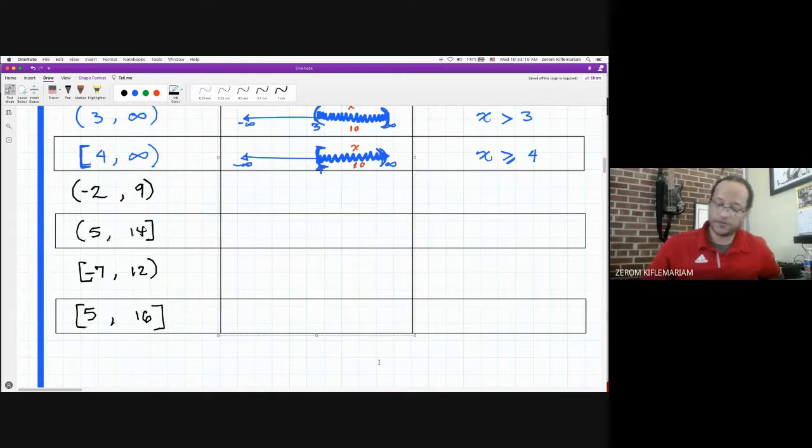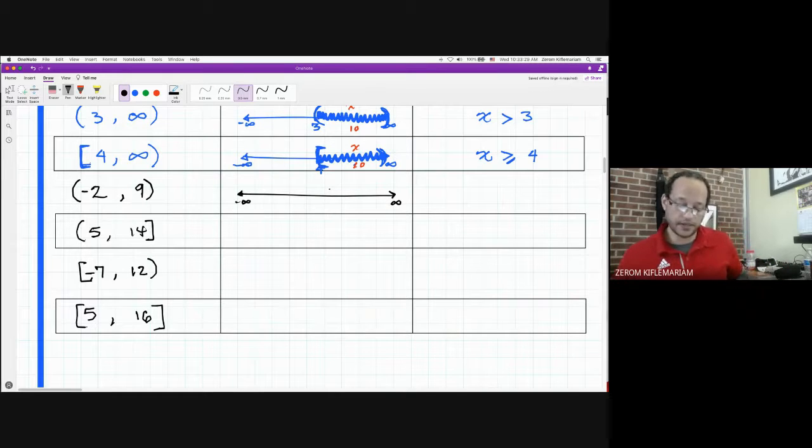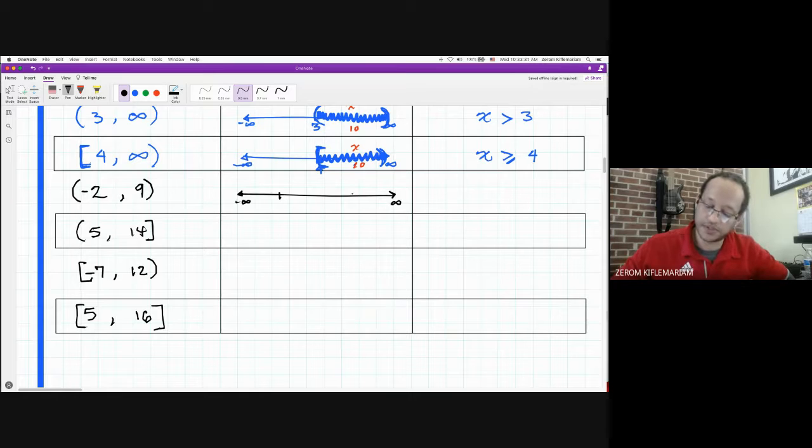Okay, so if we are looking at those scenarios, negative infinity to positive infinity, again, as habit, but I'm looking at two numbers this time. Let's get lazy a little bit.